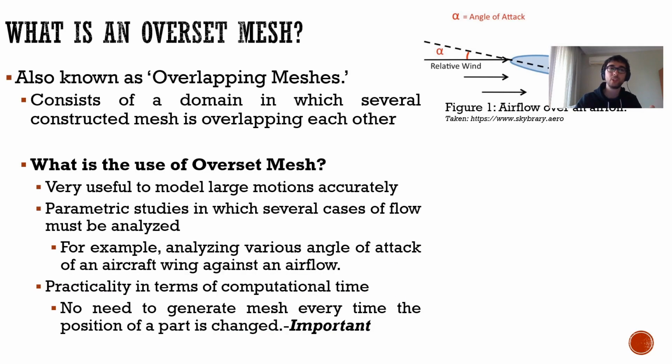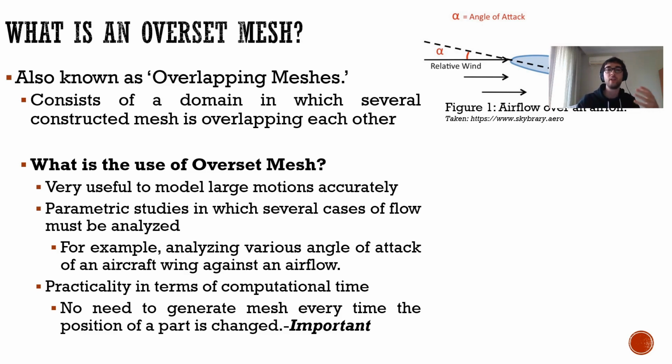Okay, so the first question is, what is an overset mesh? It is also known as overlapping meshes, and it consists of a domain which has several generated meshes throughout. So there must be two or more meshes generated inside the domain. And what is the main use of the overset mesh?